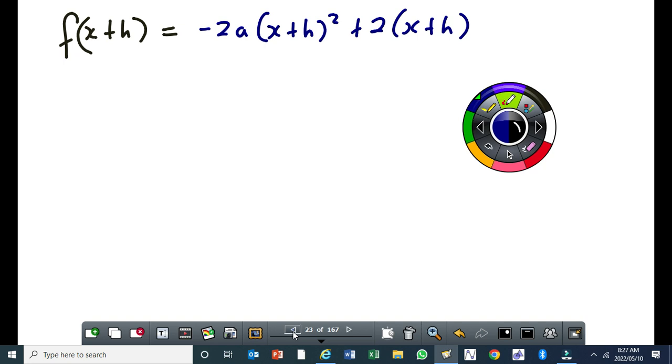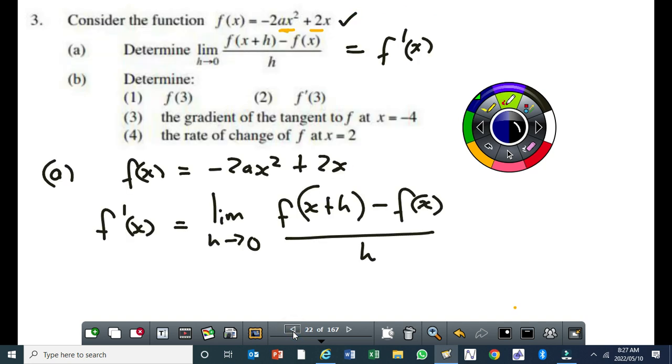We have to substitute where there is x, we need to put x plus h.